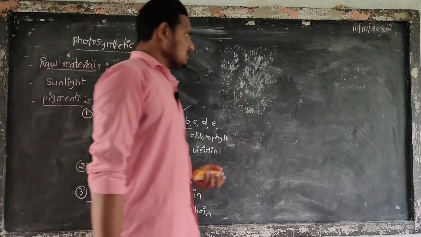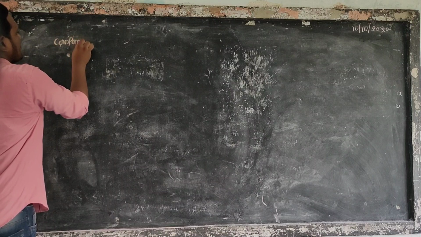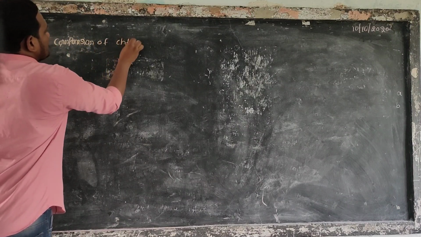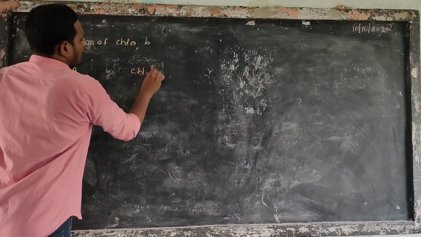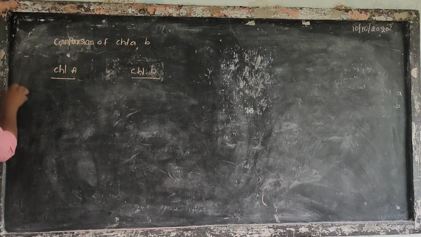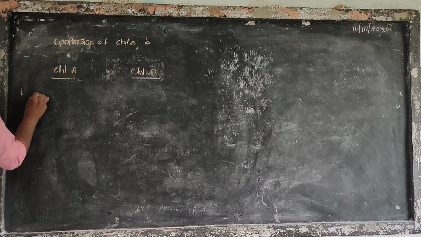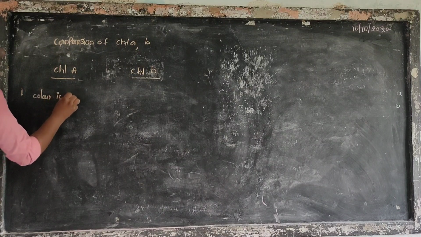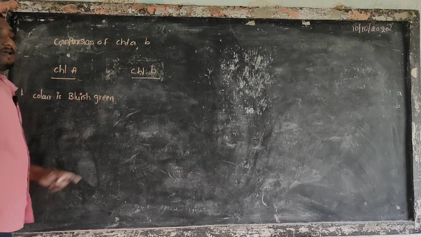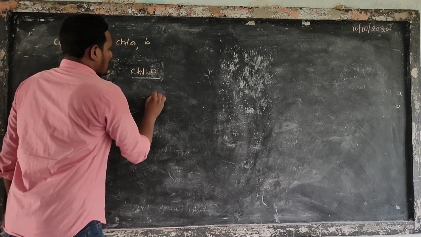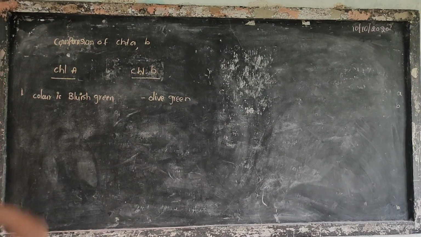First of all, we need to talk about chlorophyll A and chlorophyll B, and compare them. This is chlorophyll A, this is chlorophyll B. Chlorophyll A's actual color is bluish green, and chlorophyll B is olive green.